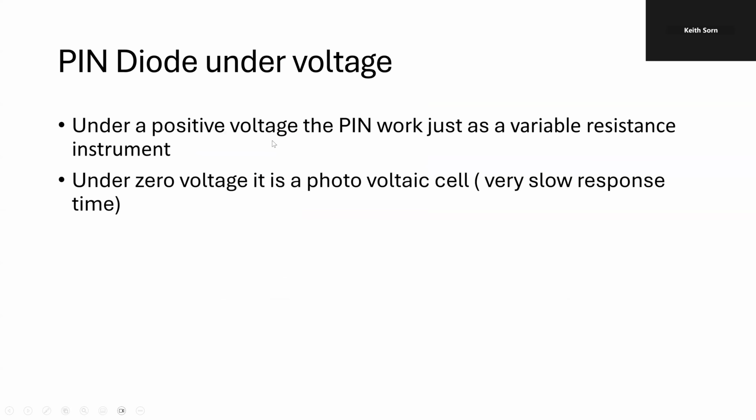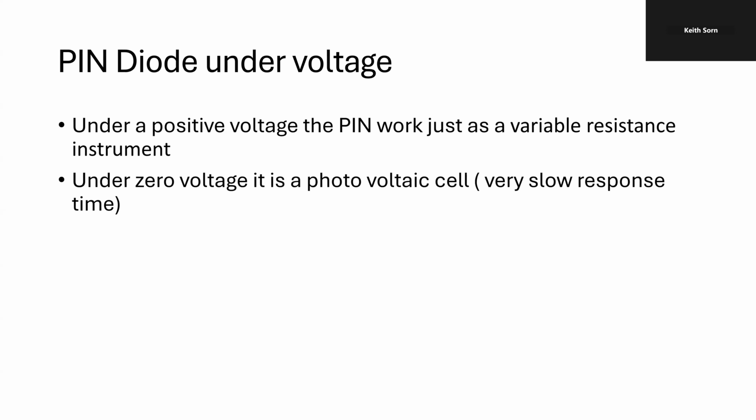All right, under positive voltage, the PIN just works as a variable resistor. If you're not used to electric circuits, that really doesn't mean much. Resistors are a basic component of electrical circuits, and sometimes it's necessary to use a resistor where we can vary the resistance.